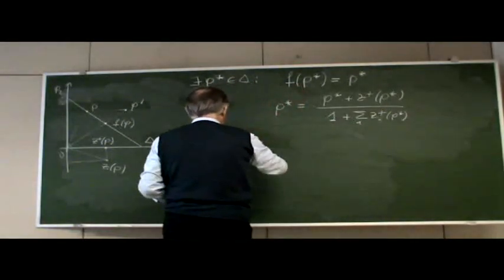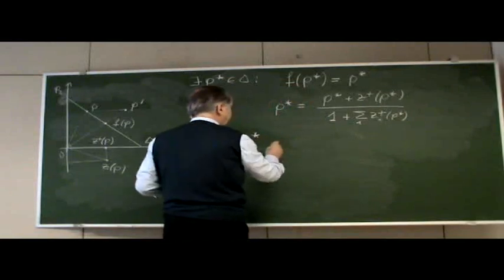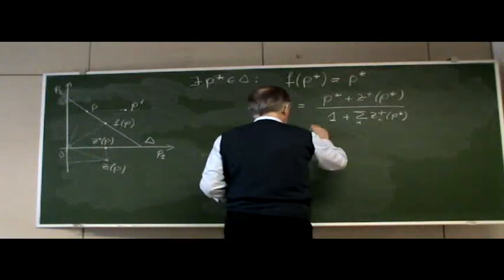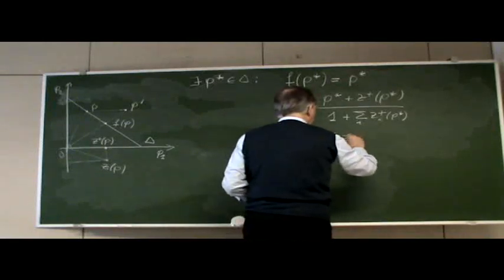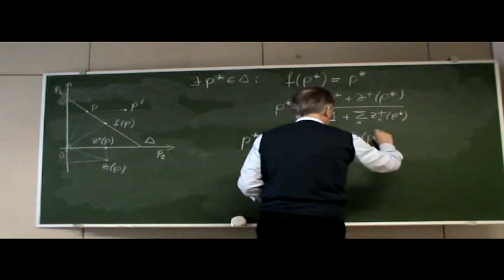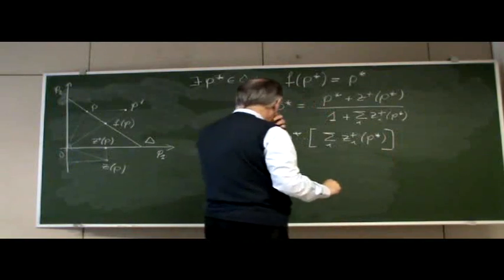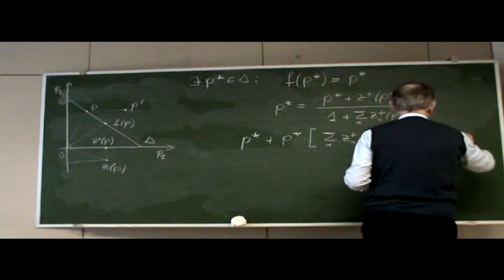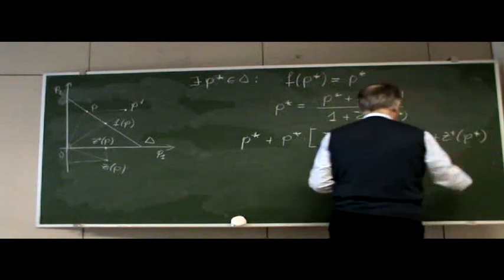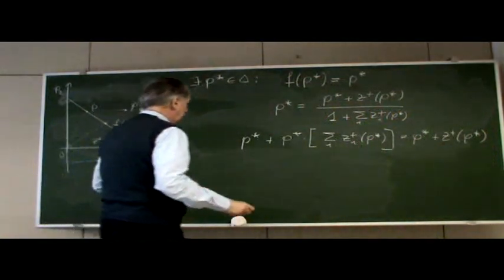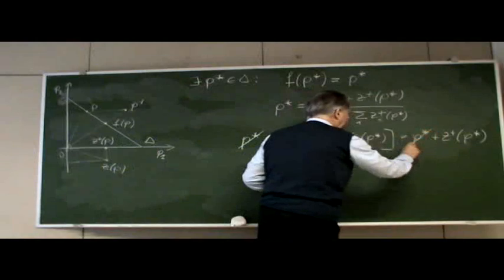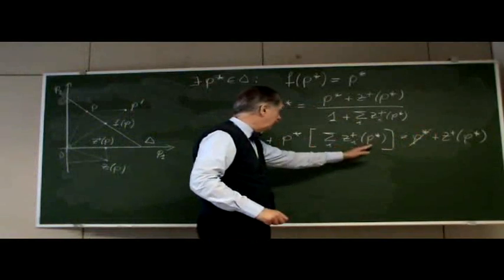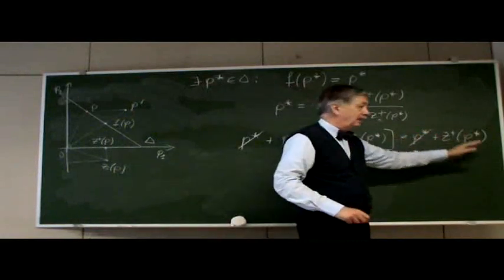You obtain P star times 1, plus P star times the sum over i of Z plus i of P star. On the other side, P star plus Z plus of P star. Simple calculation. But clearly you can simplify this vector and you obtain this equality: P star times this sum is equal to Z plus of P star.